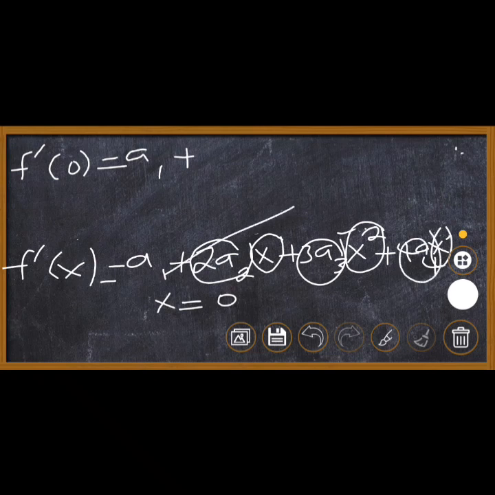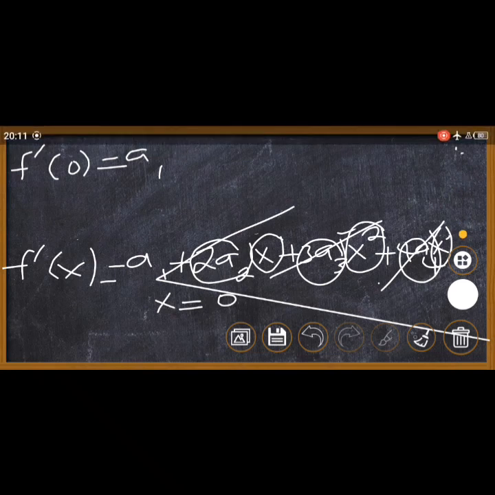So of course these are going to be cancelled. We are just going to remain with only a1. So our first derivative, when we replace with 0, is a1. So let's keep that also.